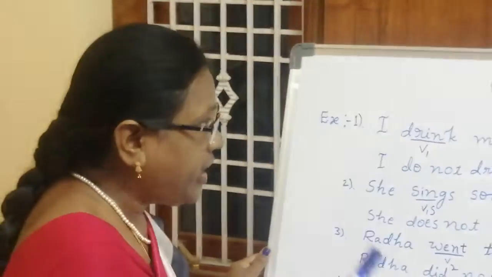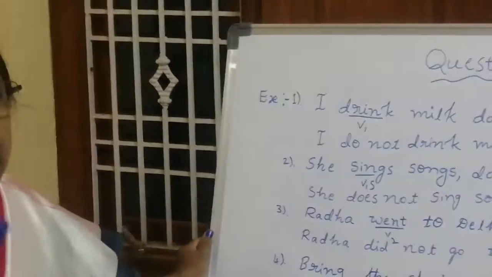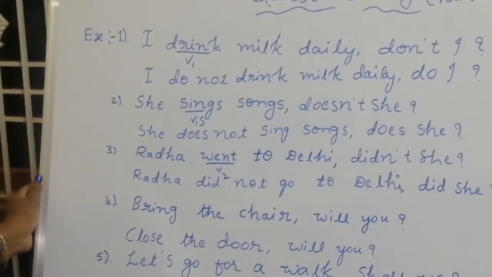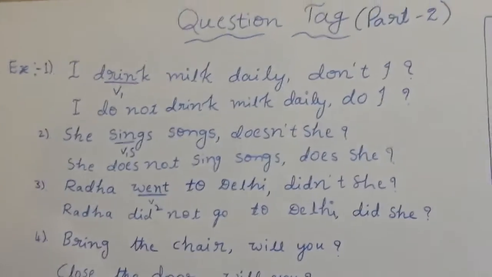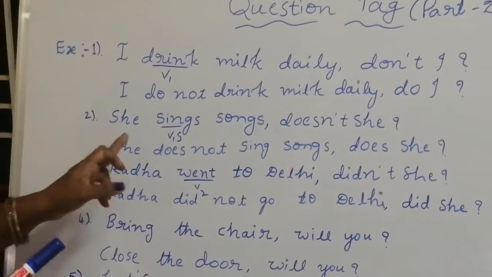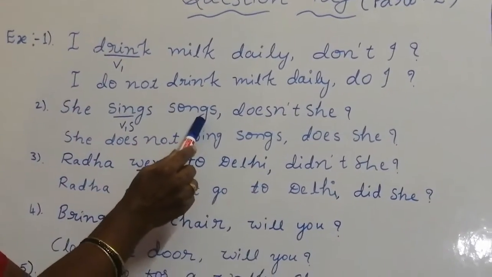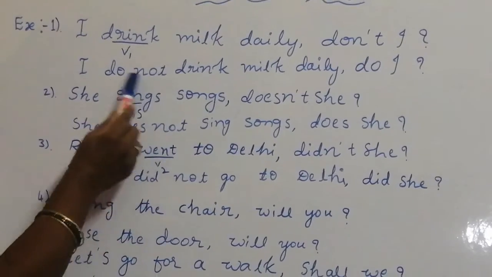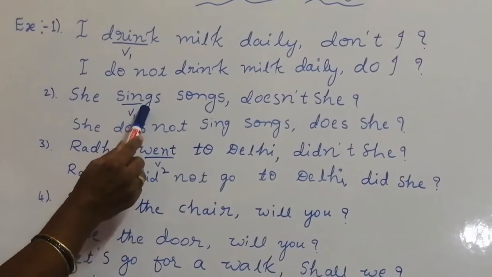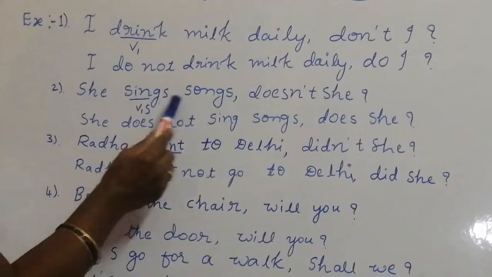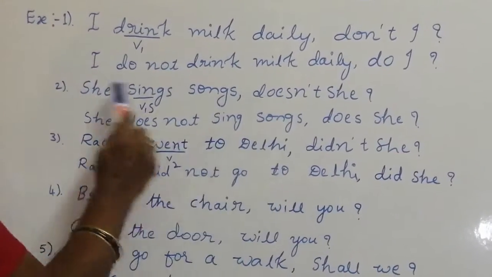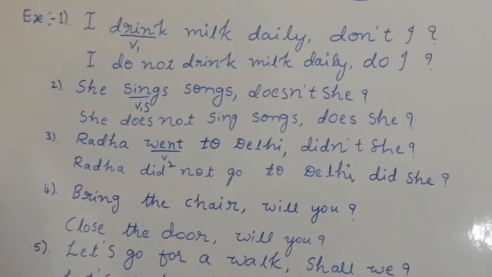So after he, she, it, which form do we use? v1s, v1es or v1ies, like that. Now you see here, she sings songs. What is here? v1s. When v1s is there, we use does. According to the statement, does or doesn't we should use.